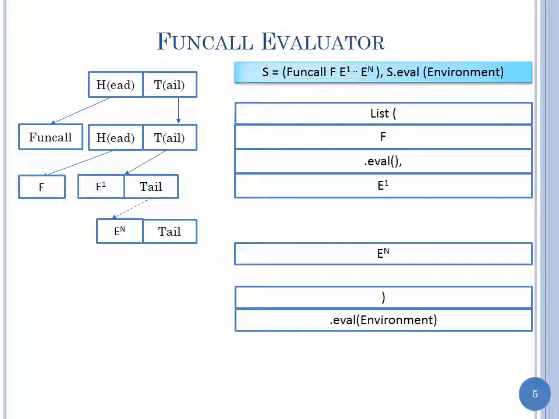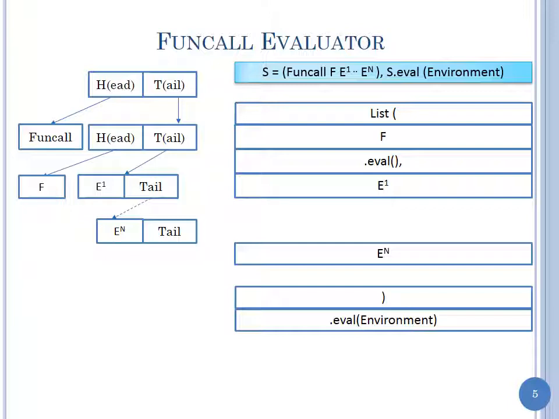That makes sense, right? It's just like inline substitution. We know how to take a lambda expression and apply it to arguments. I'm given a name for a lambda expression, evaluate that and put that in a list, and then I ask it to evaluate itself.